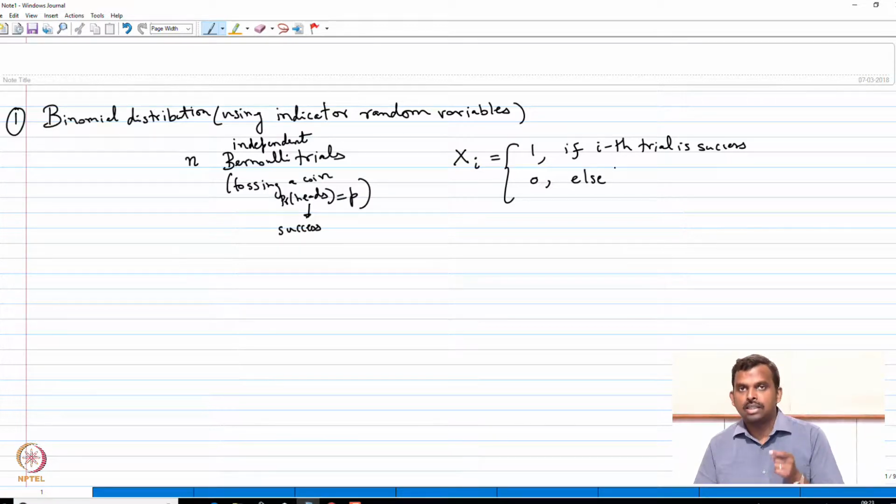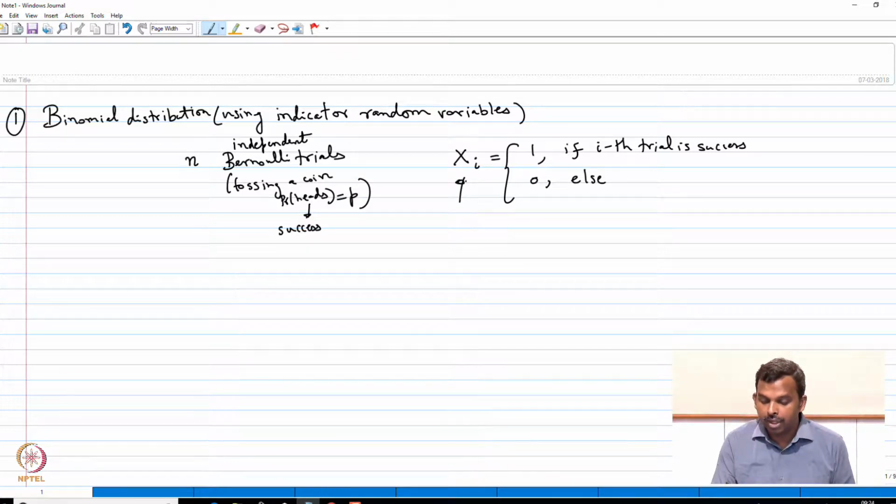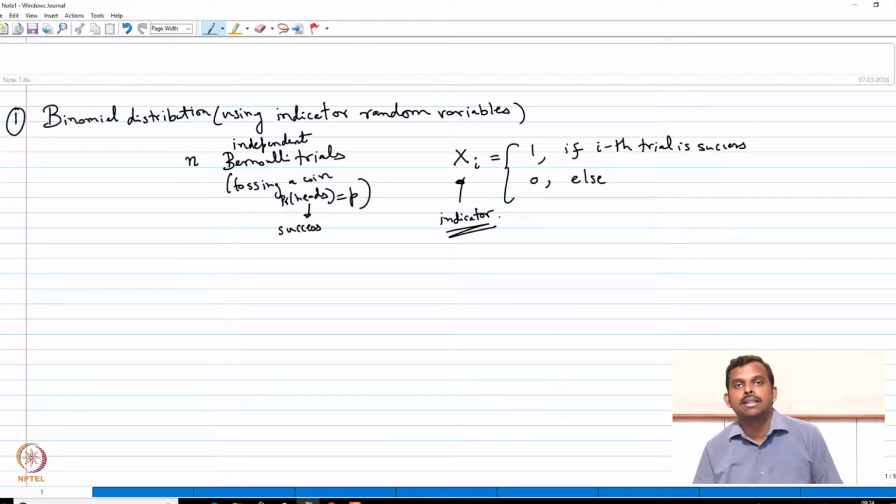If the ith toss is a head, I'm going to say this Xi random variable is 1, otherwise I'm going to say it's 0. So this is an indicator random variable. It indicates whether or not the ith trial was a success.